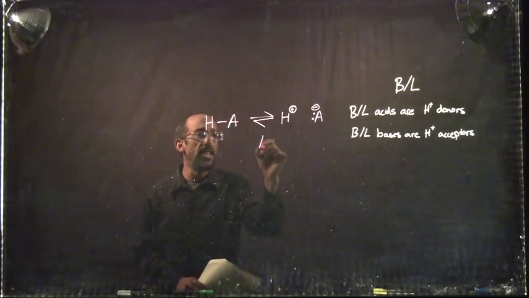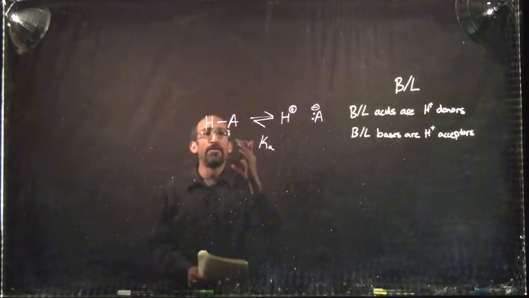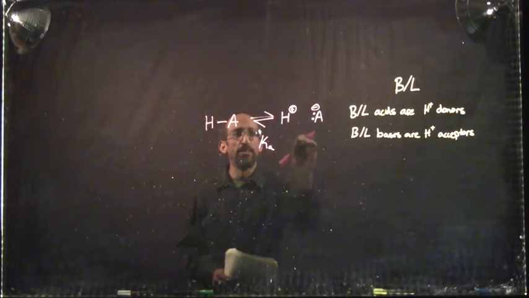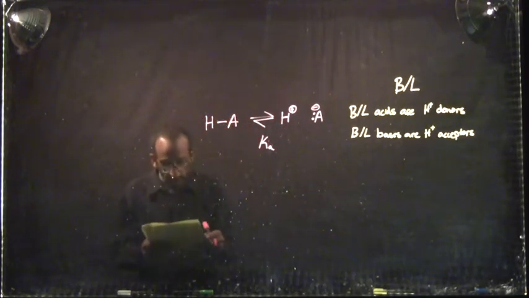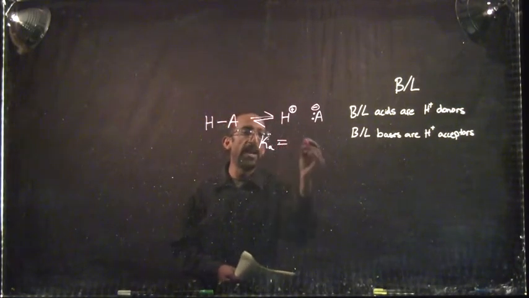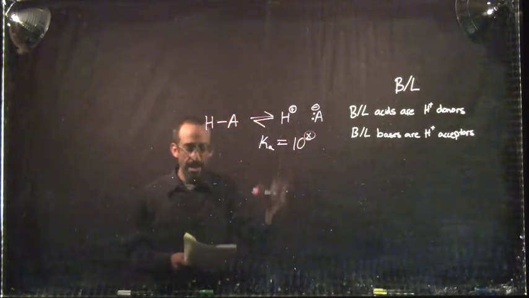This is the Ka, and Ka is a measure of how much HA wants to turn into H plus and A minus, right? Kas typically are written as 10 to the power x of some sort, some number x.